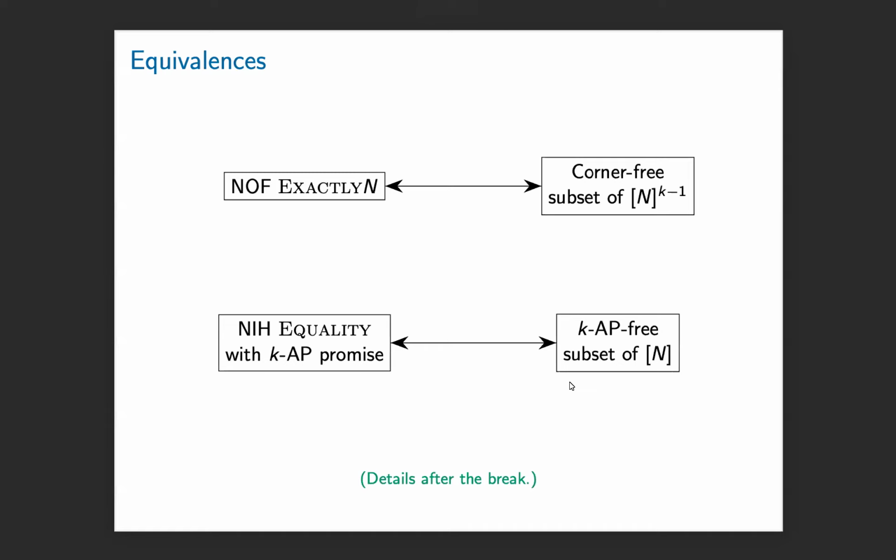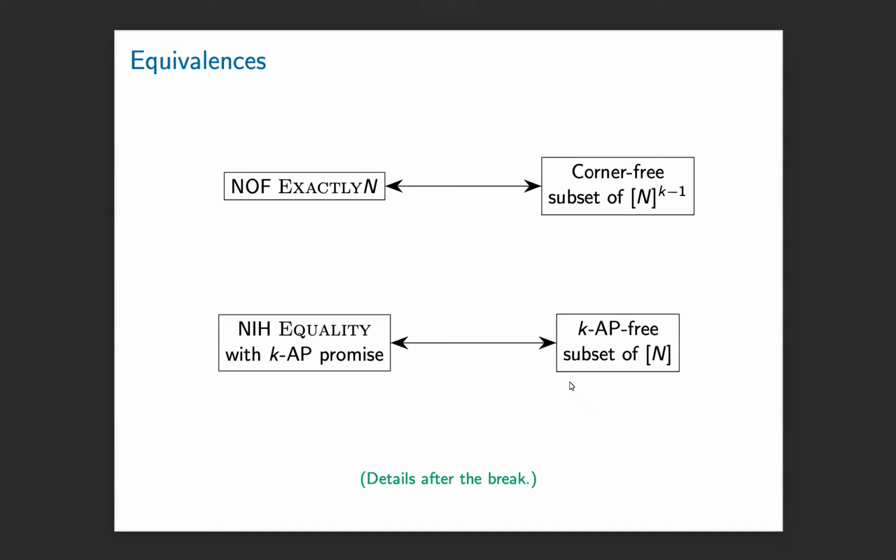So on one hand, we have these subset problems, corner-free subsets, and k-term arithmetic progression-free subsets. The k-term AP-free subset problem is equivalent to the deterministic communication complexity in the number in hand model of this equality with a promise problem. And the corner-free subset problem is equivalent to the complexity of a number on forehead exactly n problem.